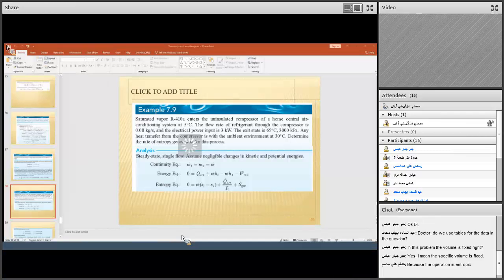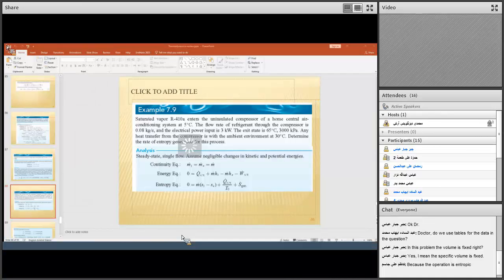Saturated vapor R410A, a kind of refrigerant, enters the uninsulated compressor of a central air conditioning system at 5 centigrade. So the compressor is not isolated. We have heat transfer from the compressor to the environment.